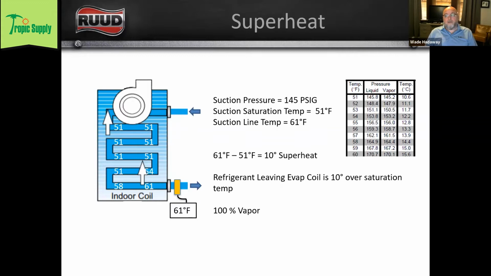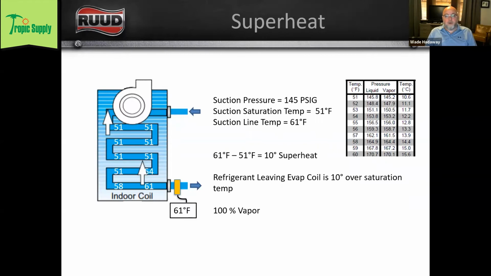If it's in a 150, 160 degree attic, that Armaflex does not offer a lot of insulation. So you can pick up several more degrees of superheat. If you really want to know what your superheat is, you need to check at your indoor coil.